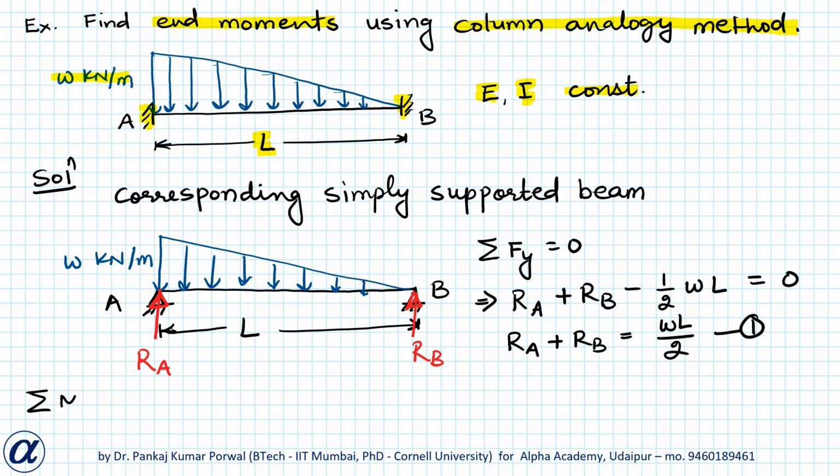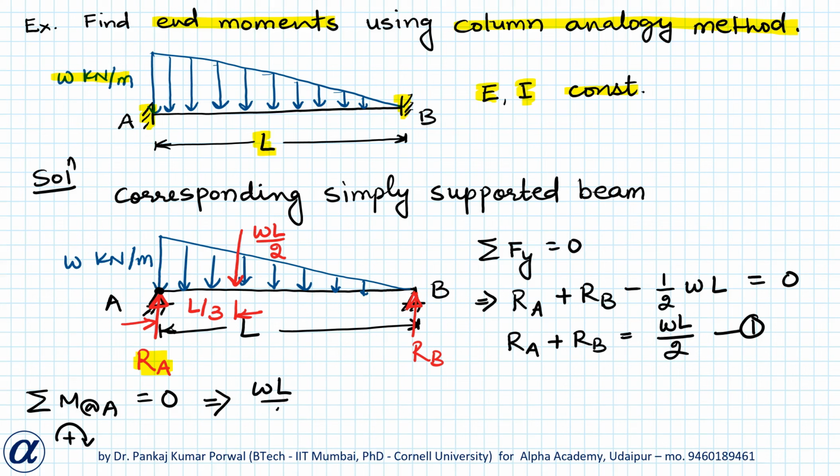Next I will write moment equation about point A. So sigma M about A equals to 0, and I will take clockwise moment as positive. So this gives me the moment because of RA will be 0 because RA passes through point A. The moment because of distributed load will be clockwise. The resultant force because of this triangular load will be of magnitude WL by 2, and this distance will be 1/3 of the base length, that is L by 3, and the moment because of this will be clockwise.